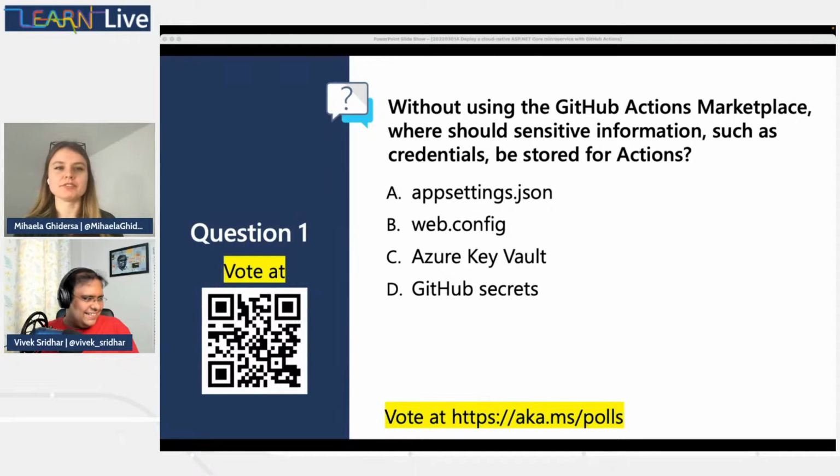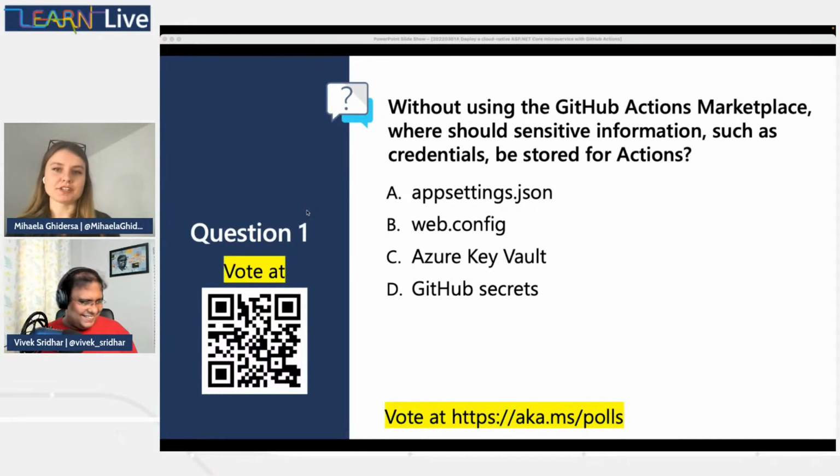Then we have the web config, which is more used with IIS, even with .NET Core. We use it to configure an app hosted with IIS, so that doesn't seem like the right option.